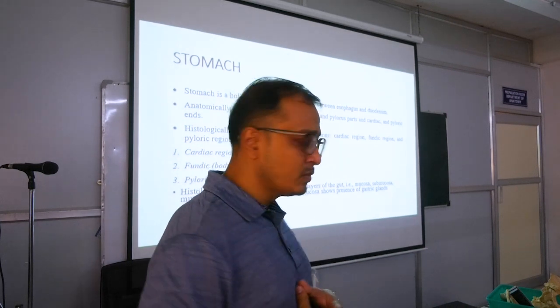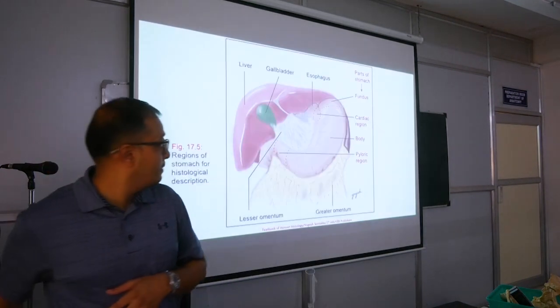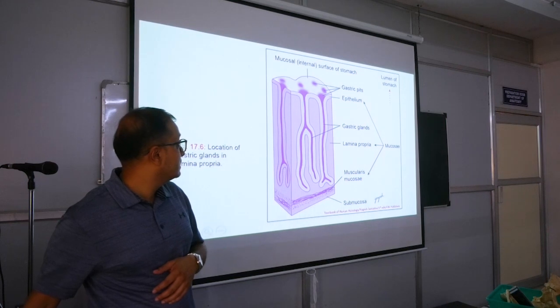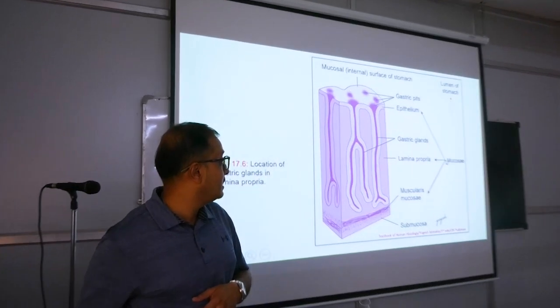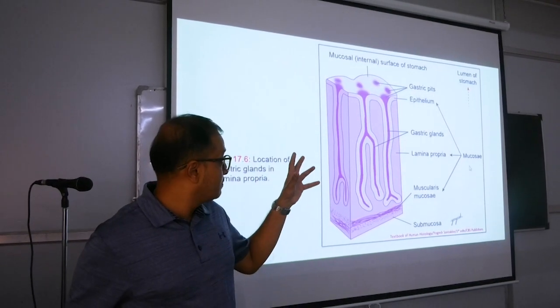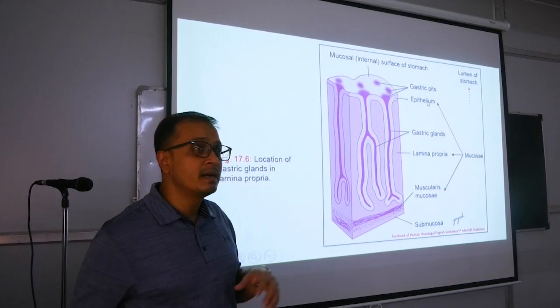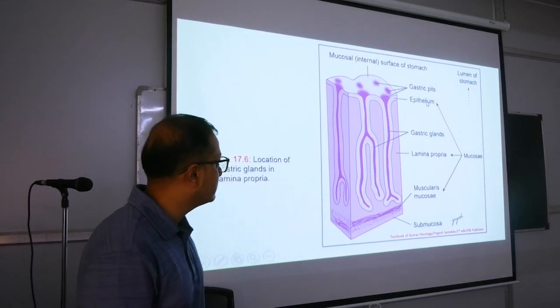Whenever you go through these layers, you come first to the epithelium, which is the superficial one. The mucosal layer, which spreads down, has the epithelium containing living cells.